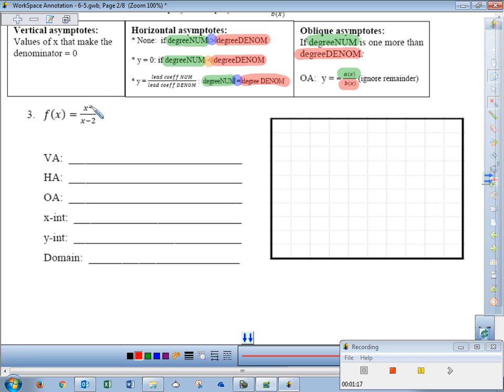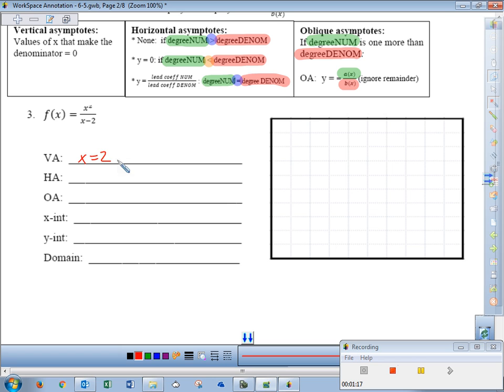This has got some x squared. Doesn't really need to be factored, though, because it's just x squared, right? There's no other stuff with it. This is linear, right? It's all to the first power, so you don't need to factor anything. Do you know a value of x that would make the denominator 0? X equals 2.